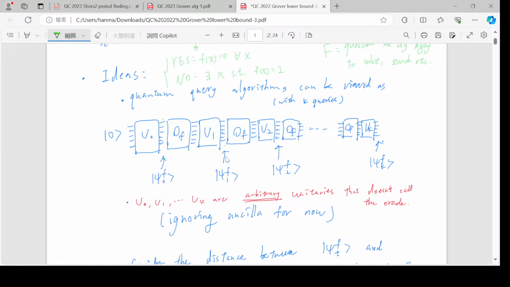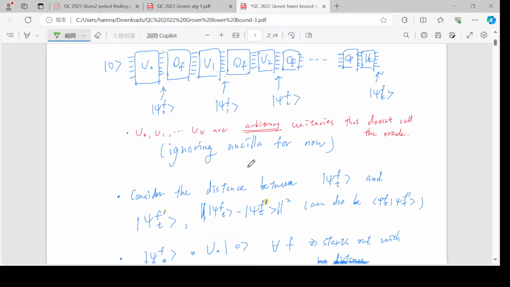Then you apply an oracle, then another U1, and this state is called psi f1, etc. After each oracle and unitary pair we look at the time slice. So it's psi fk after k oracle calls and unitaries.